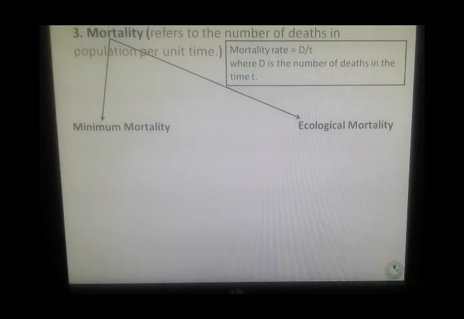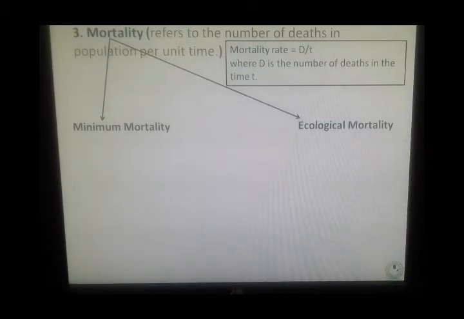Here, again I am repeating that the different environmental factors like a very high temperature or a very low temperature, even sudden rainfall, heavy rainfall, or even increment in humidity or decrement in humidity can play their role in the mortality of the specific population.